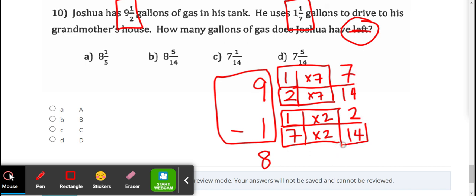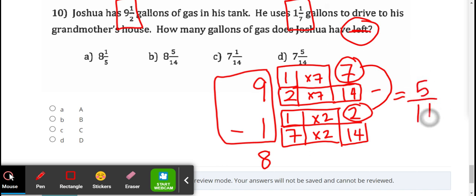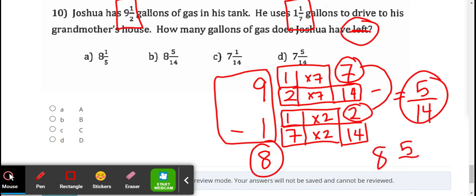So now that we have a common denominator, we are going to subtract. 7 minus 2 is going to be 5 out of 14. Now we put it all together. We're left with 8 gallons and 5/14.